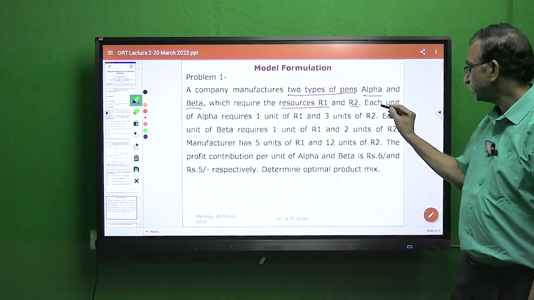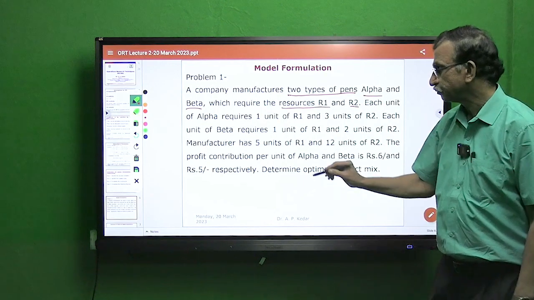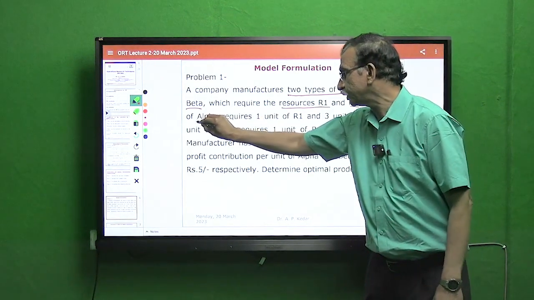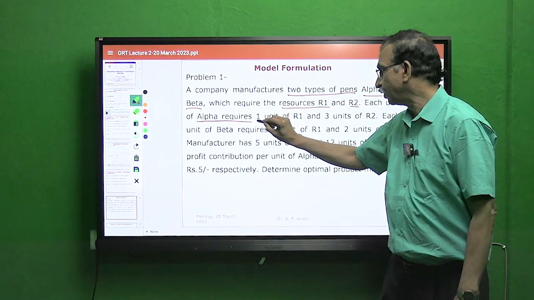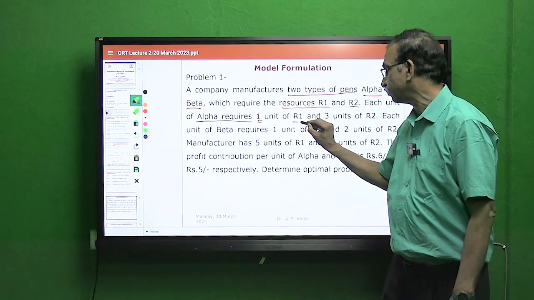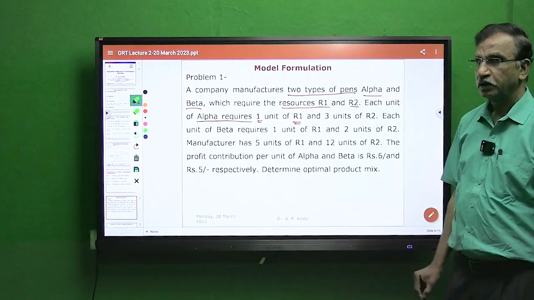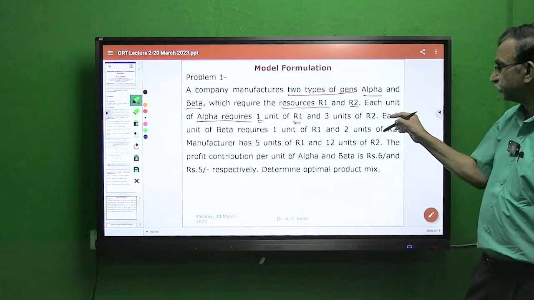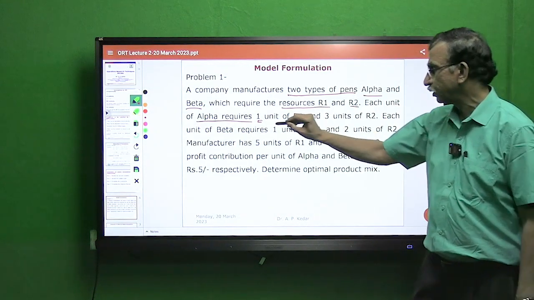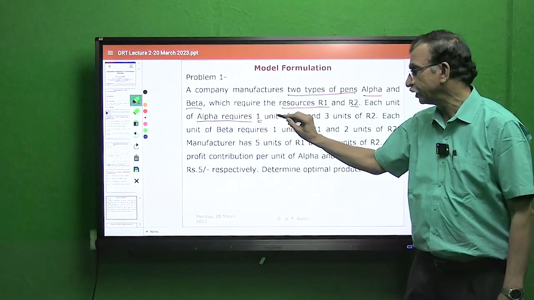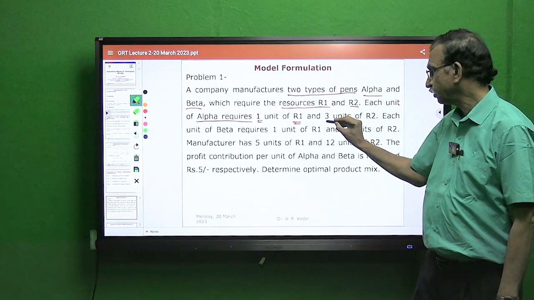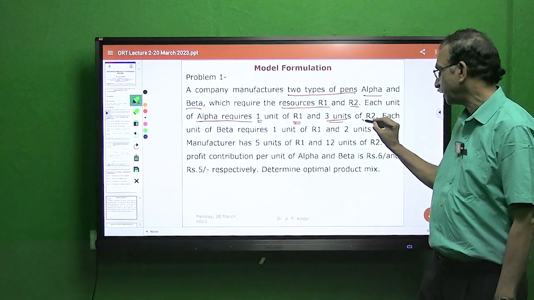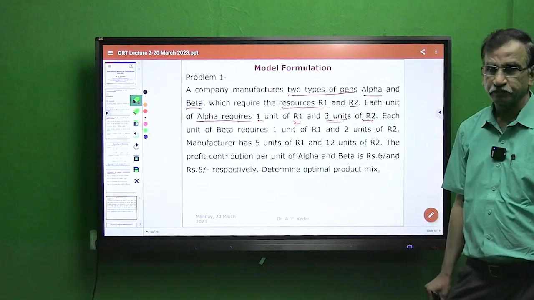This is very important. Each unit of alpha requires 1 unit of R1. Each unit means one pen of alpha needs 1 unit of R1 and 3 units of R2.